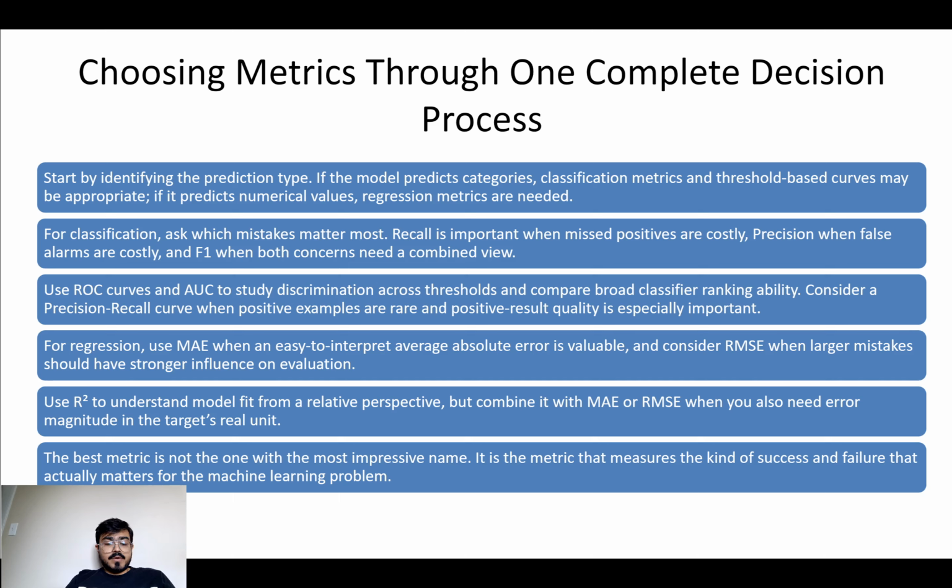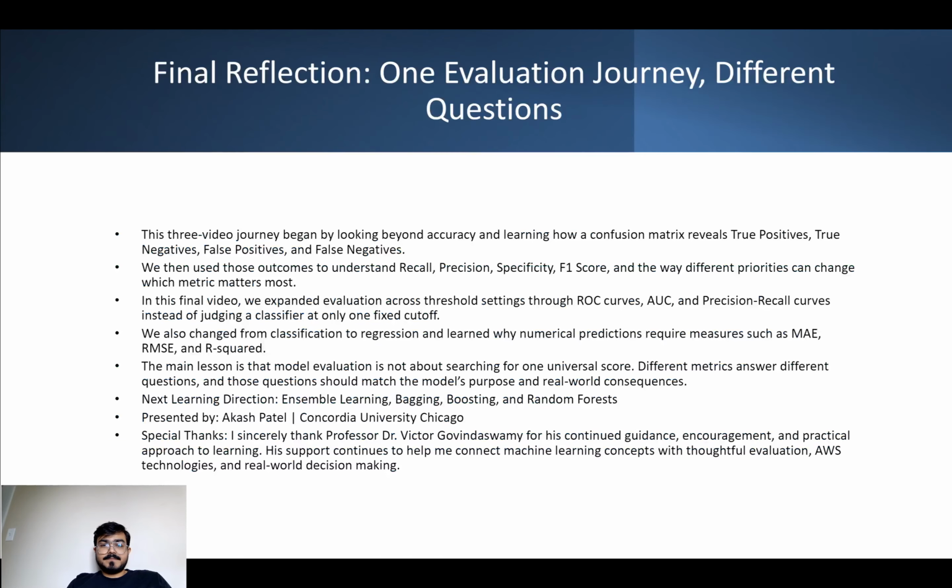So let's review everything we have learned throughout this three video learning journey. Before we finally finish this presentation, let's take a moment to review the main ideas from the overall videos. In the first video, we learned that evaluating a machine learning model requires much more than simply checking the accuracy.